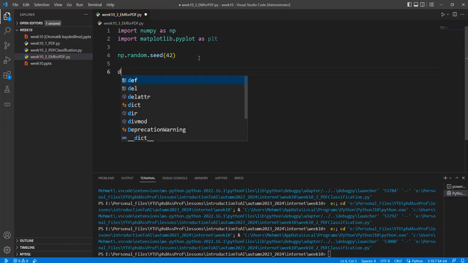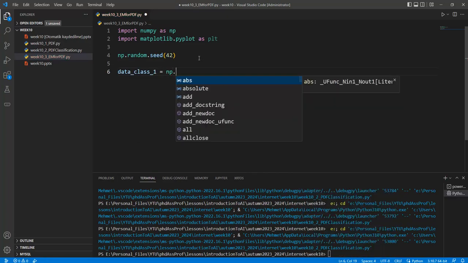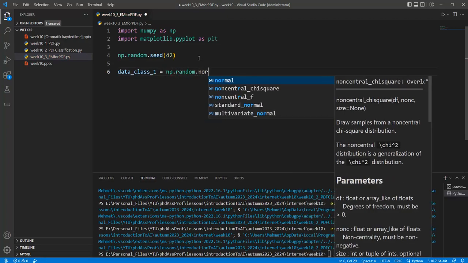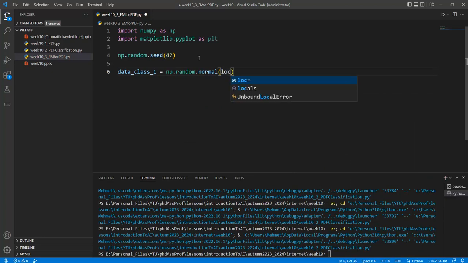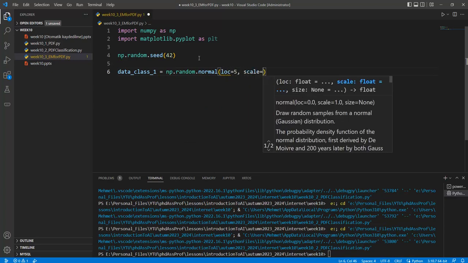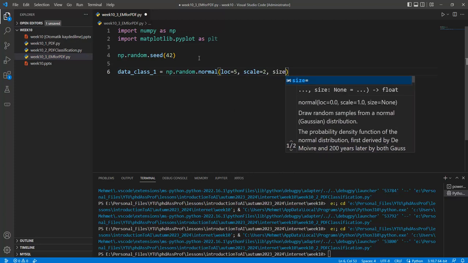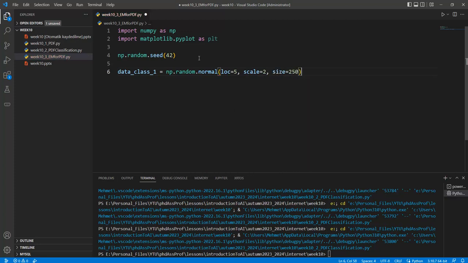Okay, and data class 1 is equal to the np random normal function with the location of 5, scale 2, size equal to 250, and data class 2 is assigned 24 and 1.2 and 75.